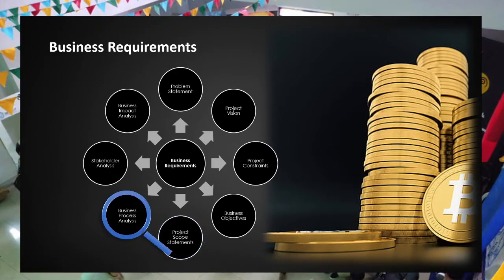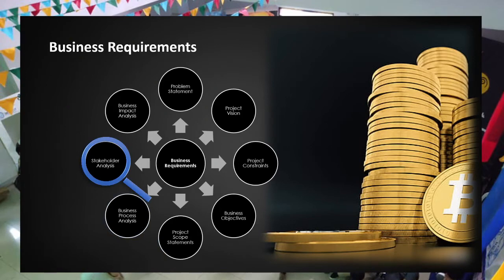During the gathering of business requirements, it may include business process analysis or BPA. BPA is a methodology for the analysis of a business with a view to understanding the processes and improving the efficiency and effectiveness of its operations. It describes the processes involved, parties participating, information exchanged, and the documents produced.